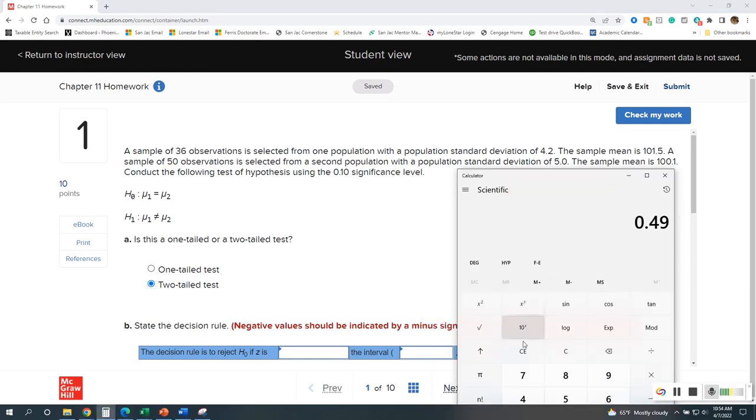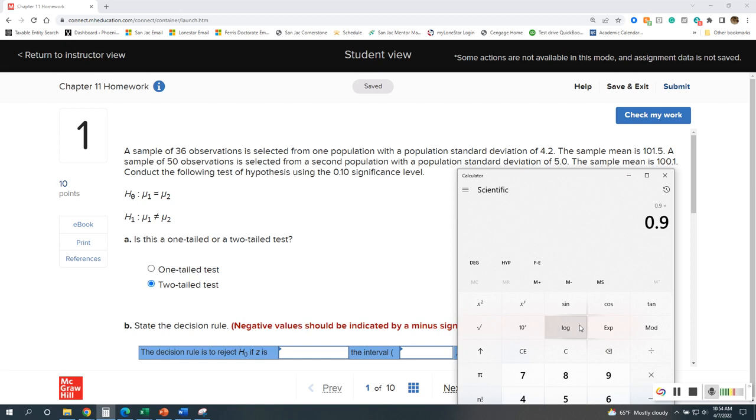Using our calculator, always make sure to clear it. Since we have a 0.10 significance level, we take 100% minus 10%, which is 90%, or basically 1 minus 0.10.